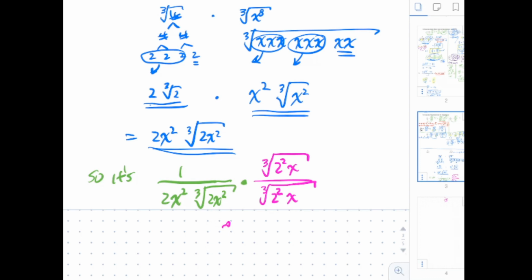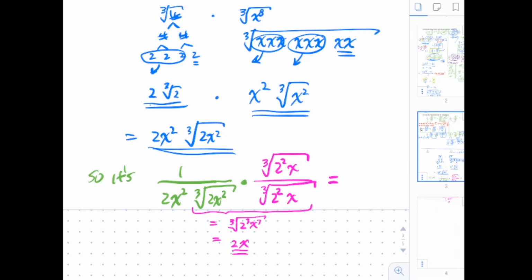So let me get this out of here, and let me show it this way. So this times this is the cube root of a 2 cubed x cubed. You get cubes inside. That means you can simplify it to just a 2x. So multiplying those two big radical terms together will be just a 2x. That's golden.